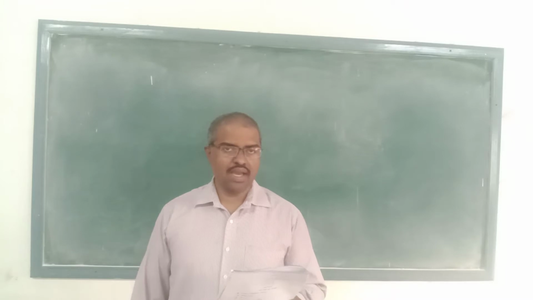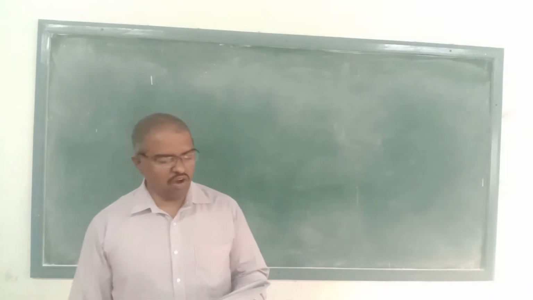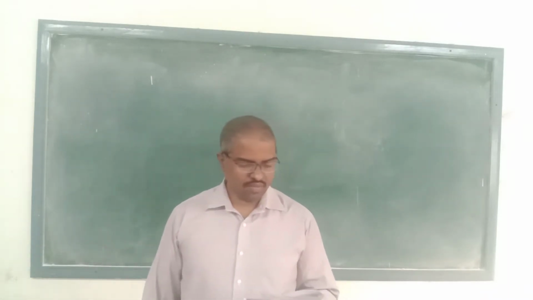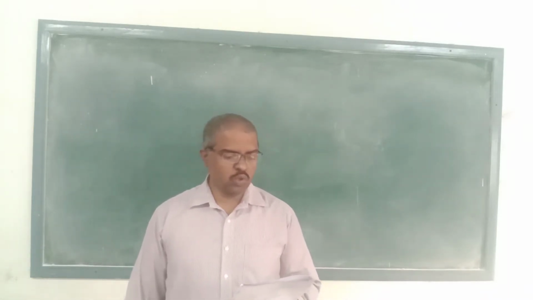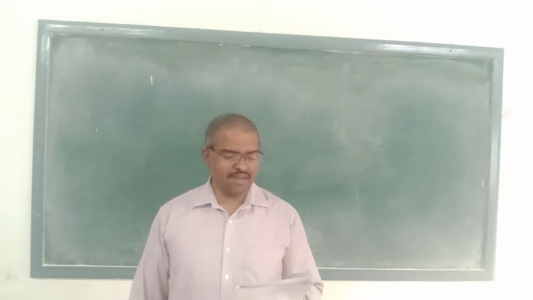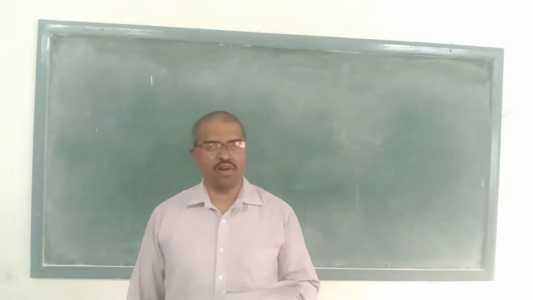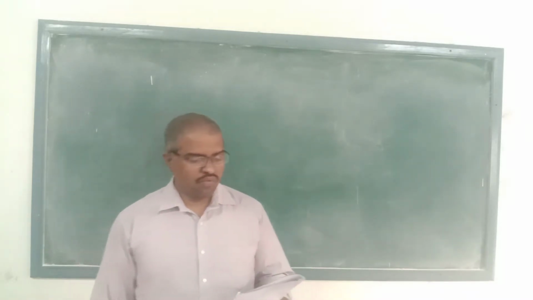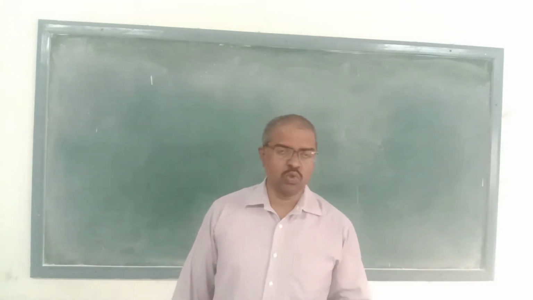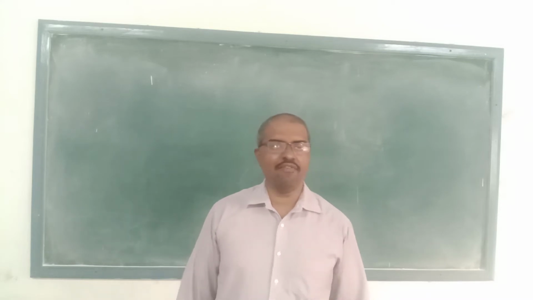Use NTU method. Take Cp of air 1 kilojoule per kg Kelvin and Cp of water 4.18 kilojoule per kg Kelvin.